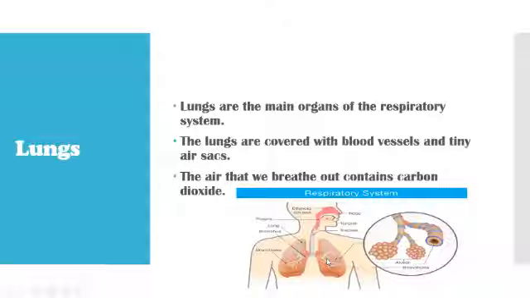Now when the air passes to the air sacs, see, these are air sacs. When the air comes to the air sacs, the air sacs allow the oxygen to enter the blood, and that blood carries the oxygen to all the parts of the body.